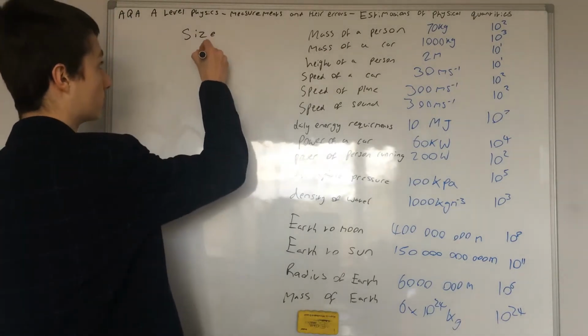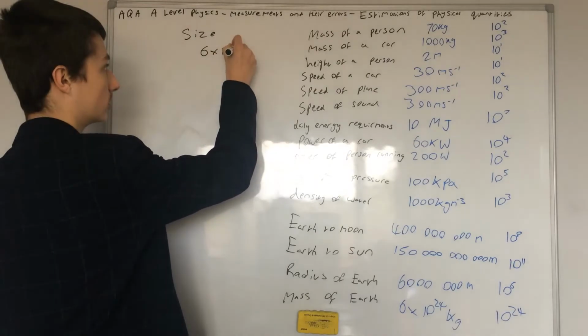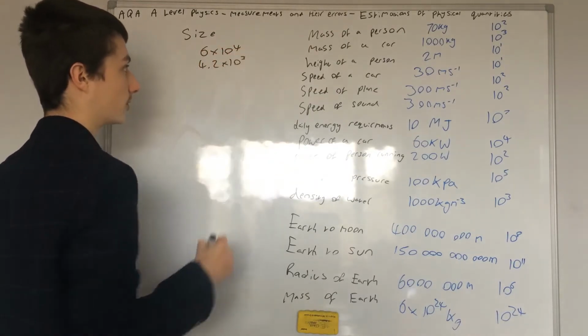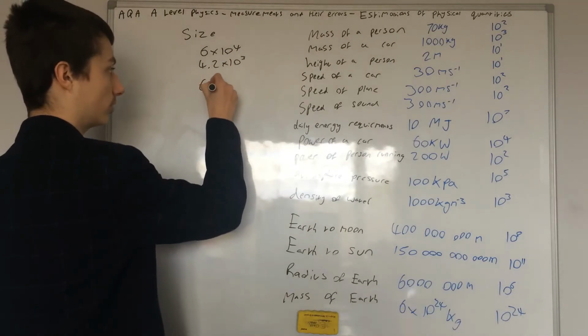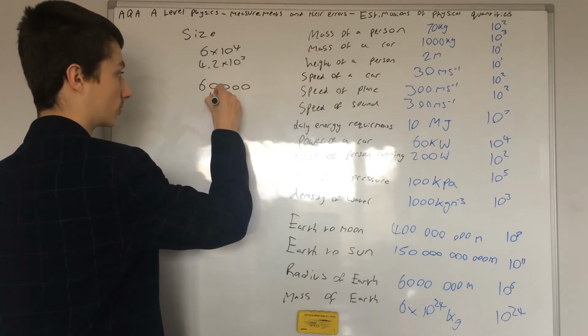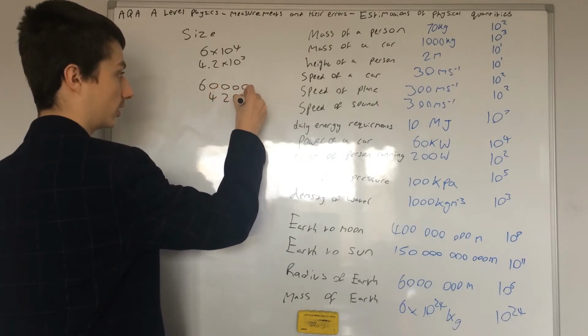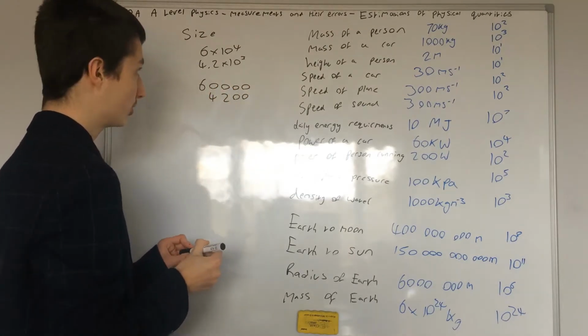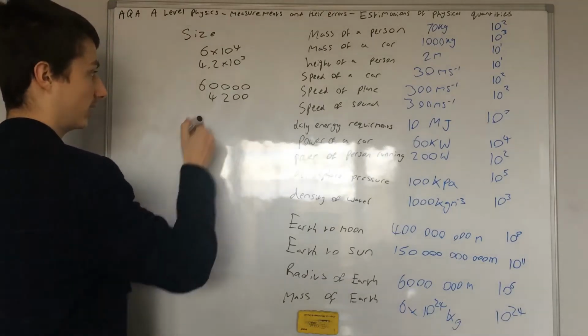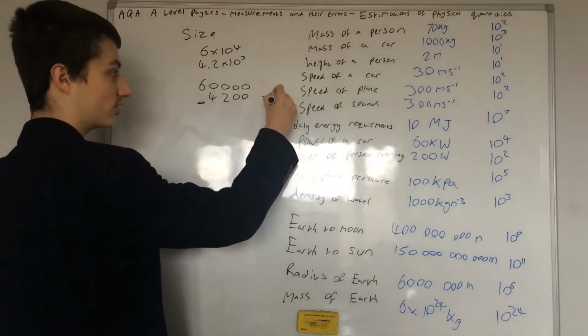For example, let's look at 6 times 10 to the 4 and 4.2 times 10 to the 3. Now we can write that out in the normal number form. And we can see that this number, because of its gap here, is approximately 10 times larger.